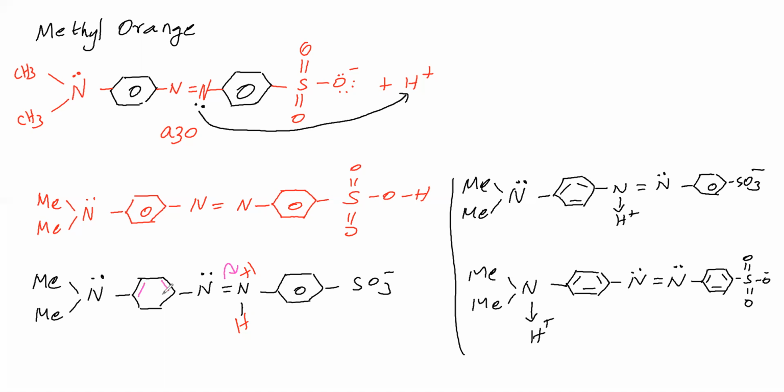Next, this carbon is getting deficiency, therefore this pi bond is shifting here. This carbon is getting deficiency, therefore this lone pair is shifting here.